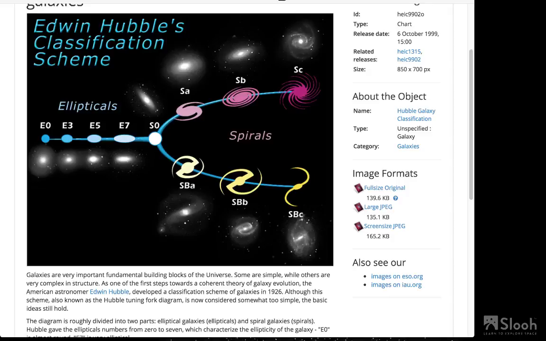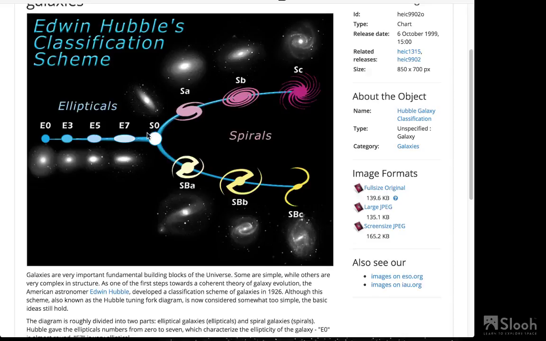But if 2 galaxies merged, when Andromeda and the Milky Way merge together, they're both spiral galaxies, and they will probably form an elliptical. But depending on how the merge goes, depending on the size of the 2 galaxies involved, it could form an irregular galaxy. So then we're left with ellipticals and spirals. If you look at this tuning fork, the ellipticals are the handle, and the spirals make up the fork arms.